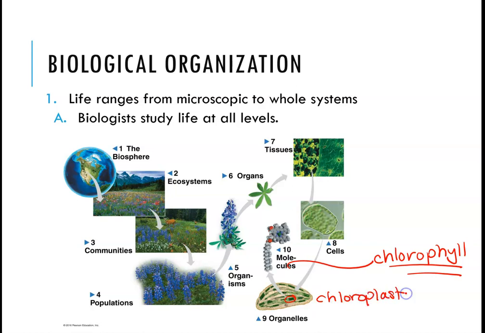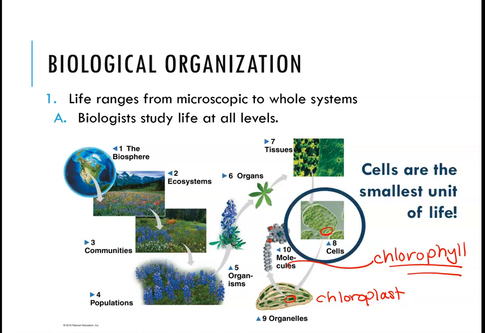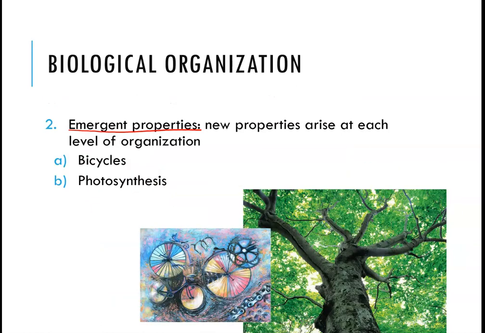So when you get the correct arrangement of chlorophyll molecules, and the correct arrangement of membranes and things like that, you get this tiny little organ inside a cell that can actually perform photosynthesis. So here we've got that organelle in that cell. Now photosynthesis is the process of taking sunlight energy and converting it into chemical energy that plants can use.